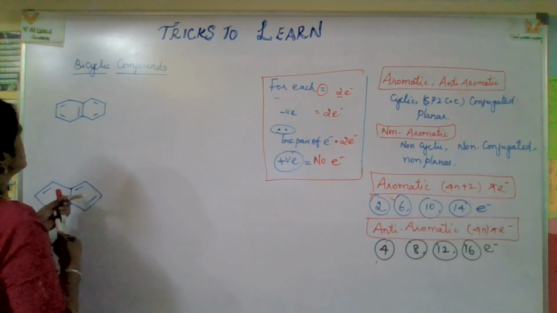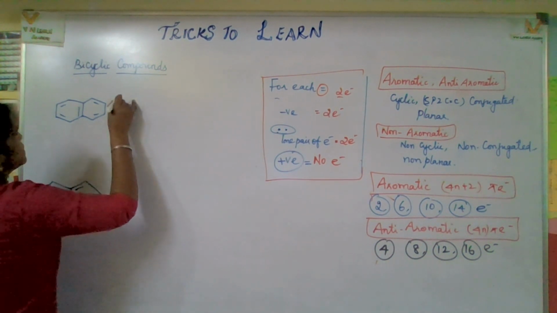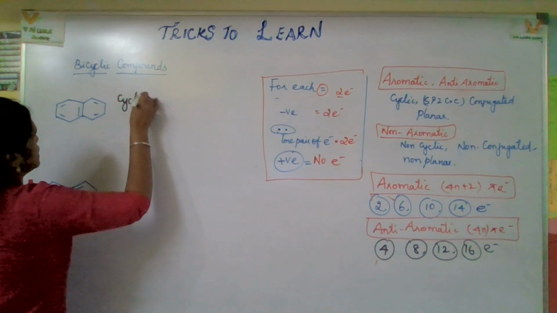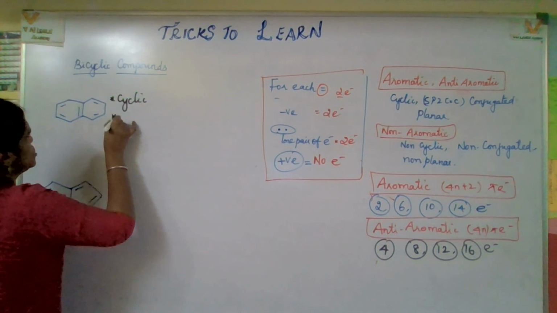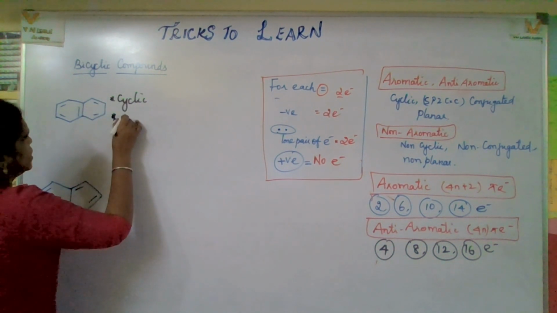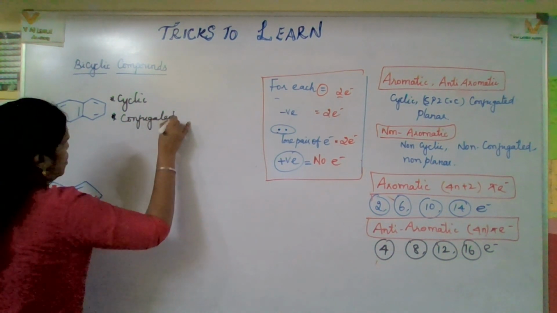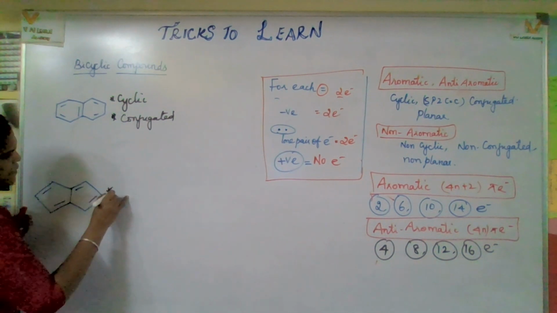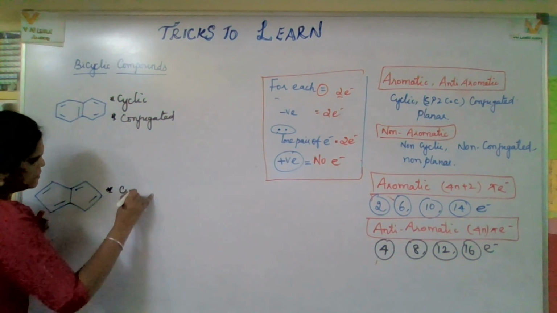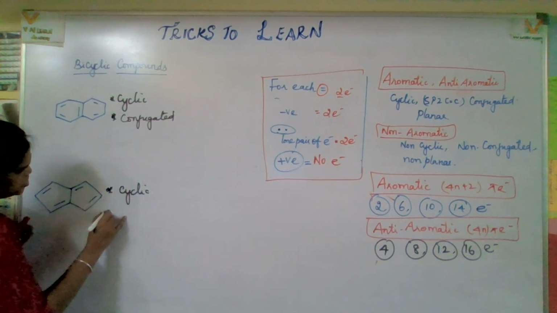First and foremost, this is cyclic, and second, conjugated, because of the alternate double bonds. Now this also is the same, cyclic and conjugated.